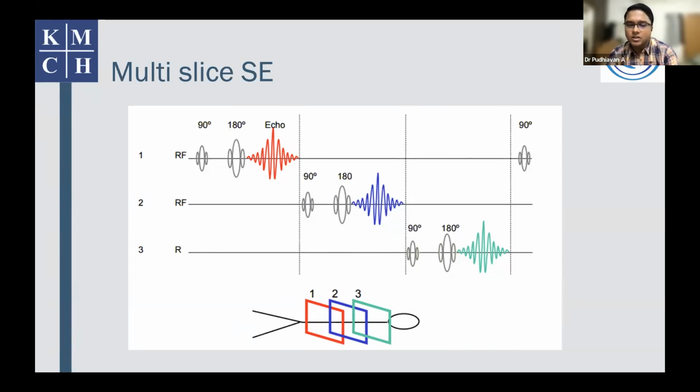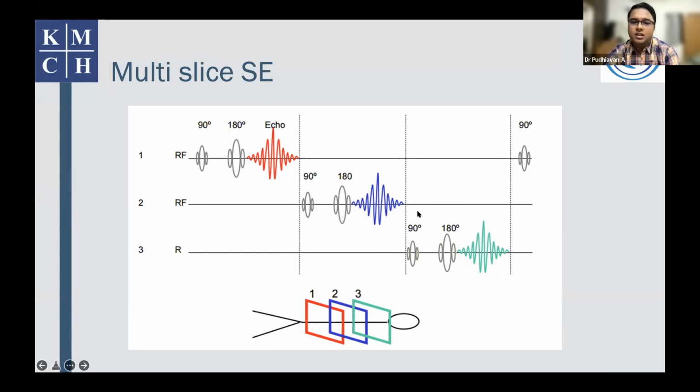So what they decided is that instead of sitting idle for such a long time and wasting time, we can give another 90-degree RF pulse, but with a different slice selection gradient. Once a slice is excited, the relaxation happens and the echo is obtained in that slice, we immediately follow it up with a 90-degree pulse with a different slice selection gradient.